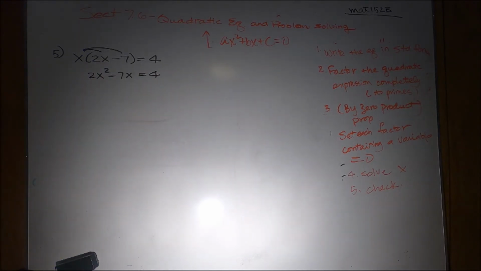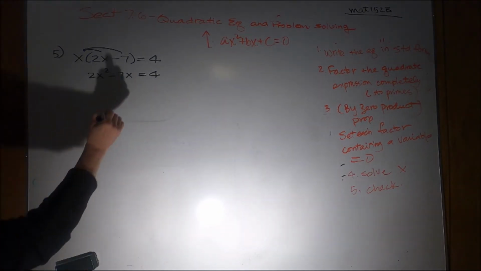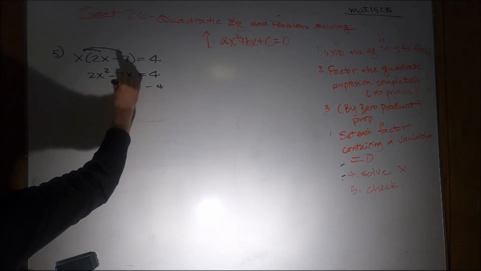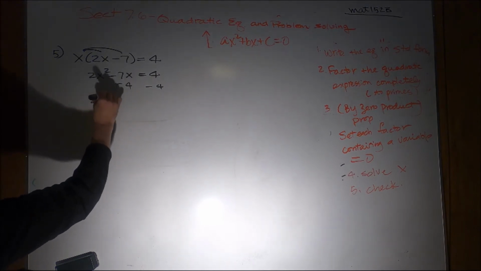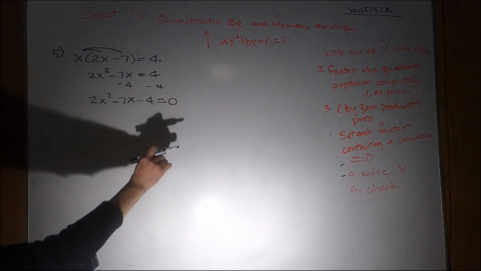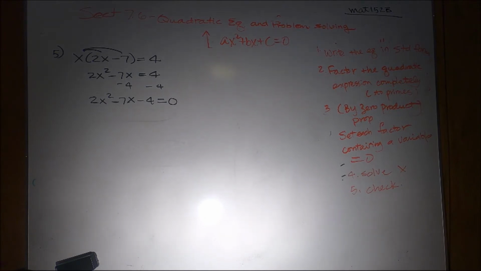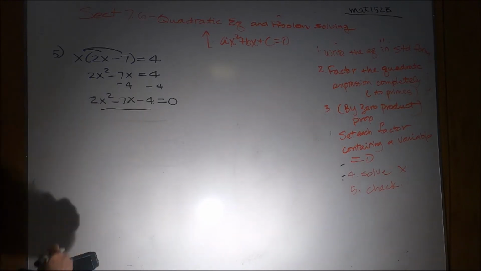Then standard form means equals 0. Right? Then we have a trinomial and equation, quadratic equation, right? Then what do we do? For a trinomial, you use the AC method.